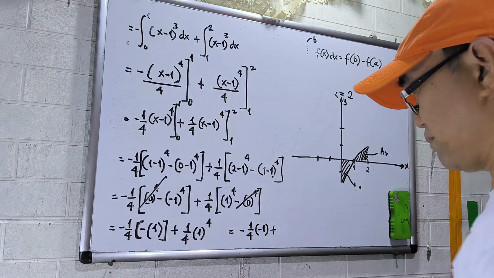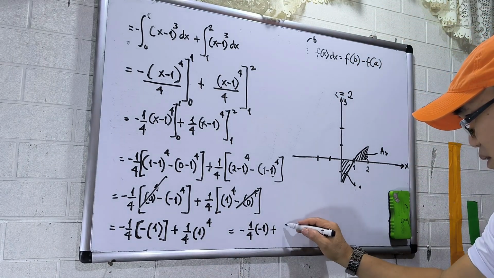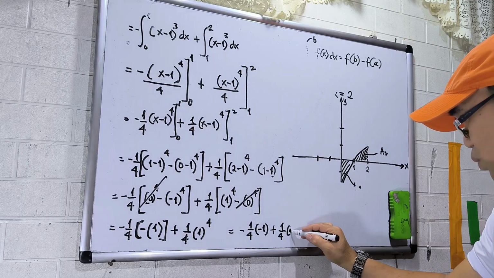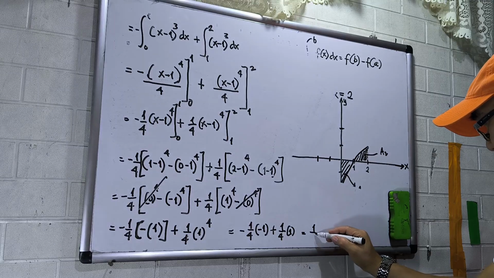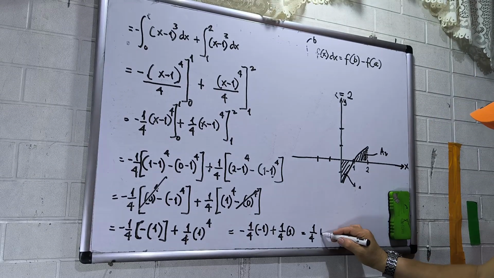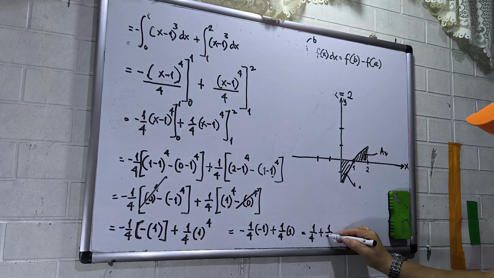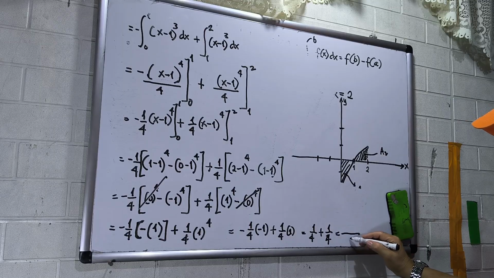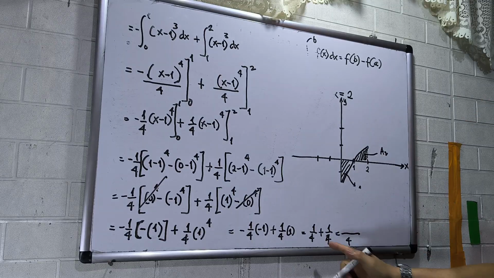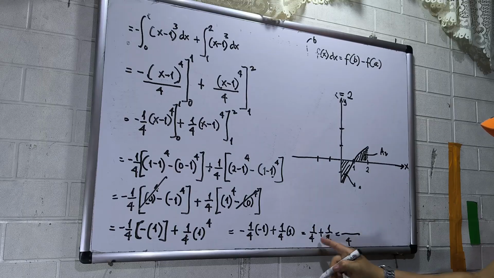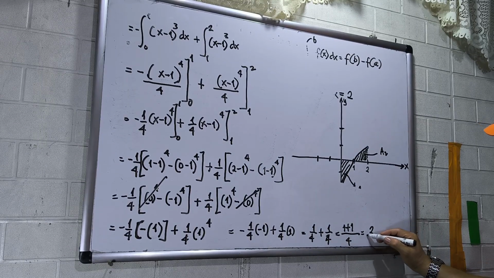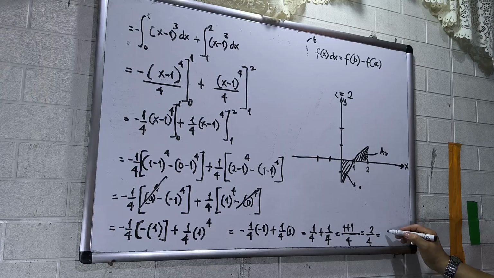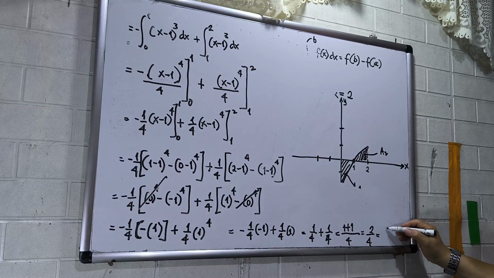Then plus 1 to the 4th, that is still 1, so 1 over 4 times 1. So negative times negative will be positive 1/4 plus 1/4. So the LCD will be 4, and since they have the same denominator, just add 1 plus 1. So this will be 2 over 4, which reduces. Divide by 2, that is 1. Divide by 2, that is 2.